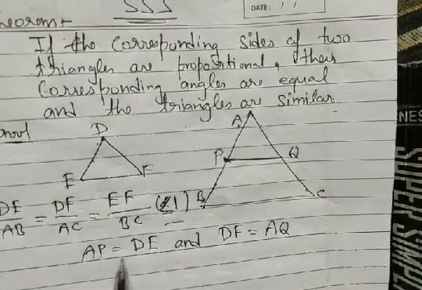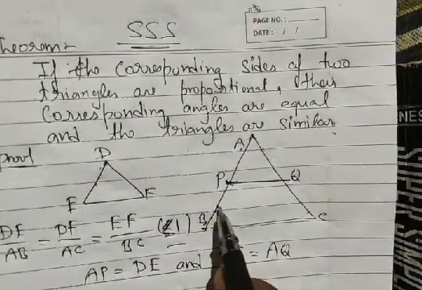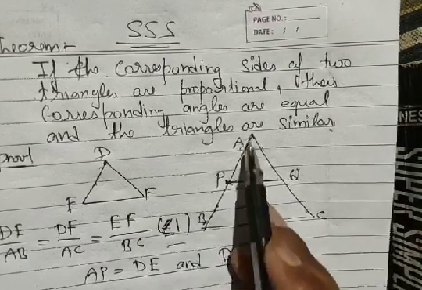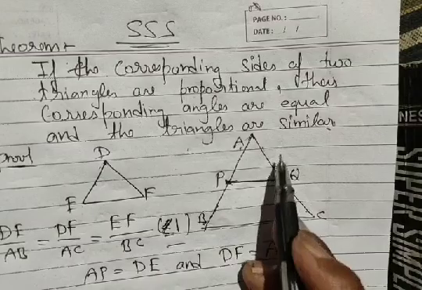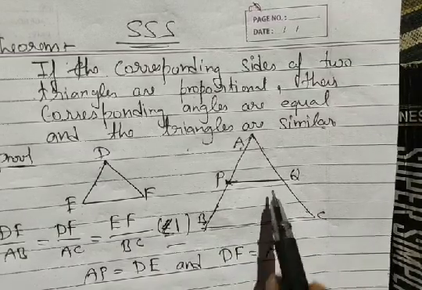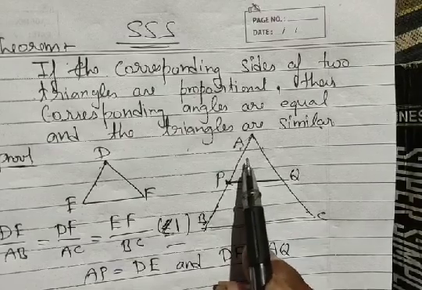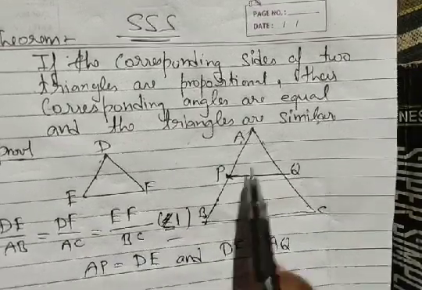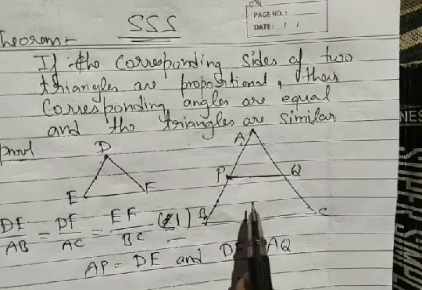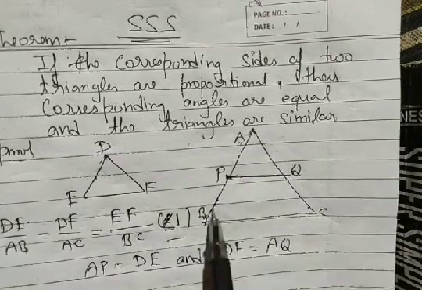Now we are going to use triangle ABC. What do we have in ABC? It's given there that DE by AB is equal to DF by AC. Then we are going to use our theorem in triangle ABC.